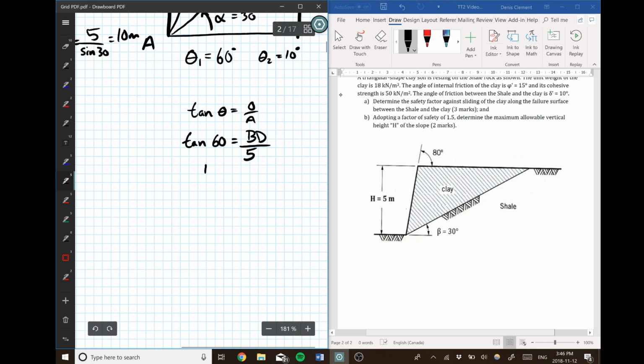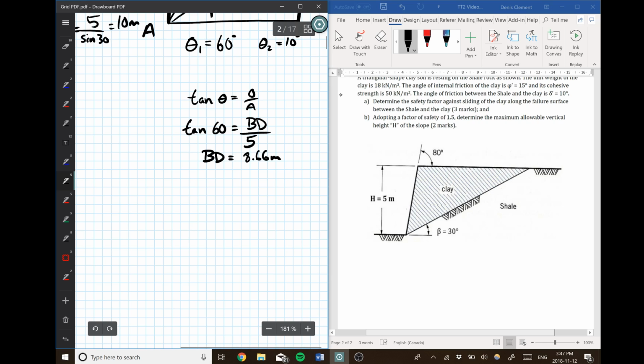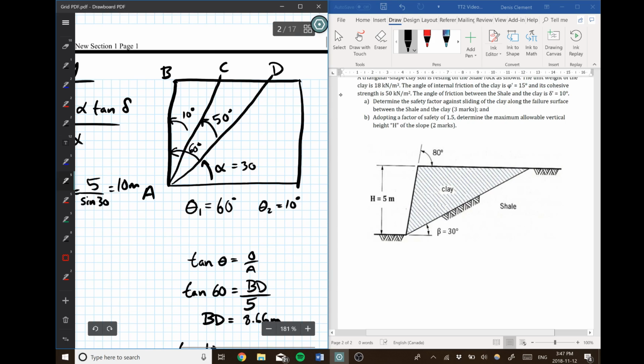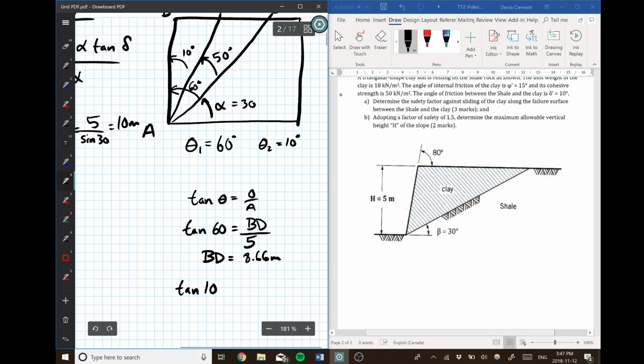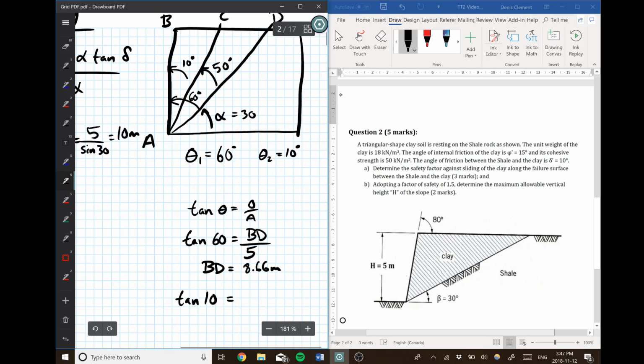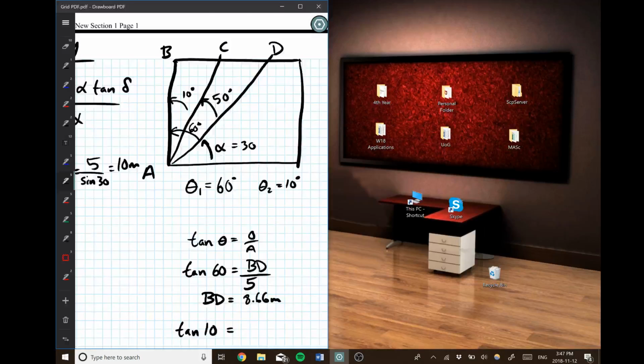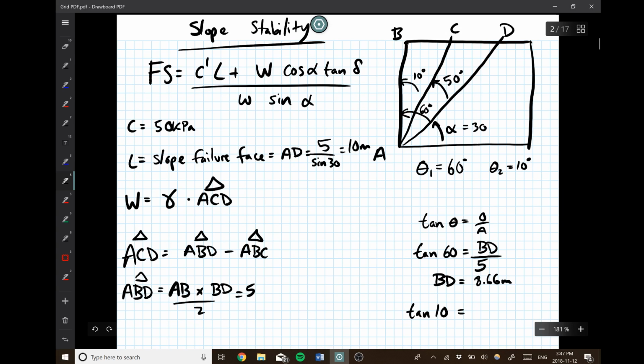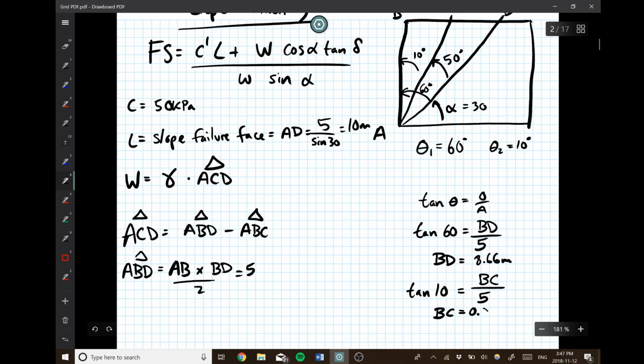So BD is equal to 8.66 meters. And then we're going to have to do that again for our ABC triangle. So tan of 10, because this here is 10, is equal to our opposite, which is BC, which we need to know, over our adjacent, which is 5. And that gives us BC equals 0.88 meters.